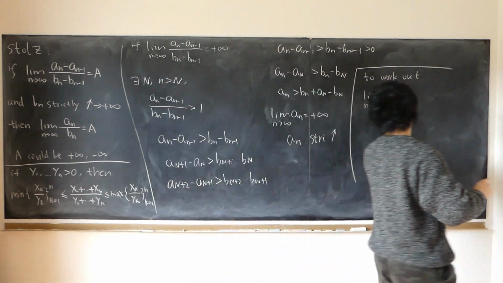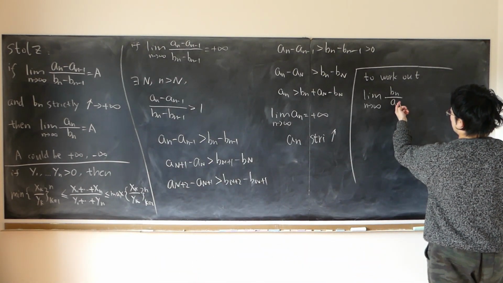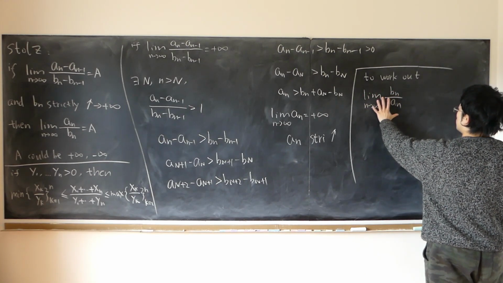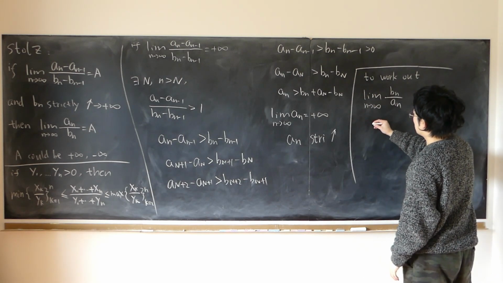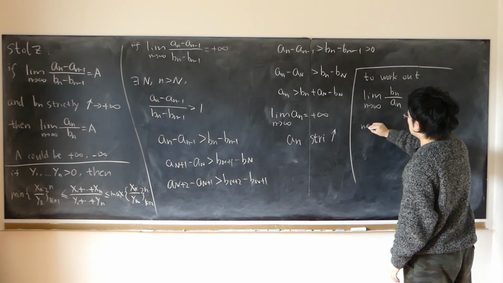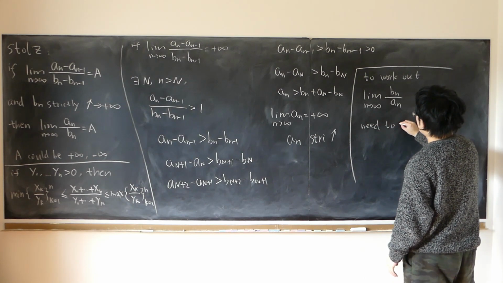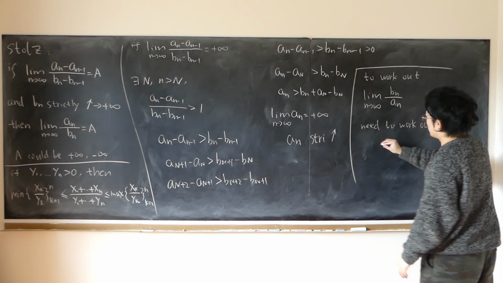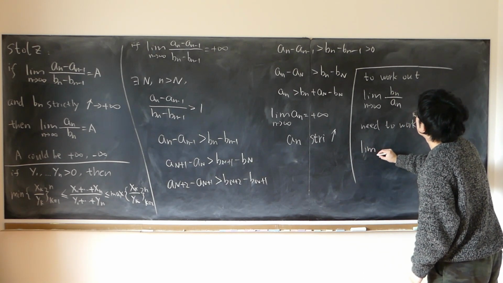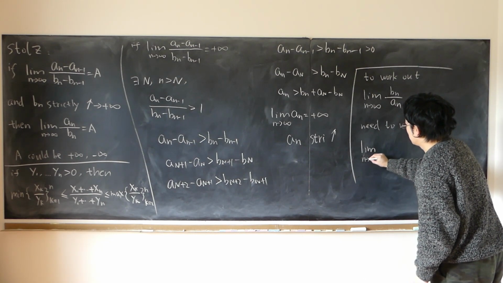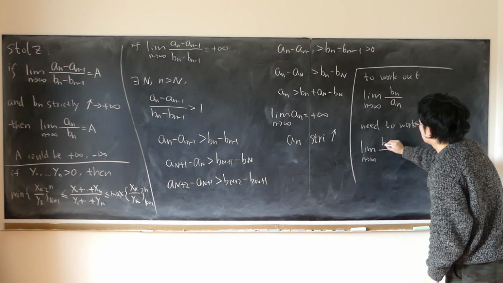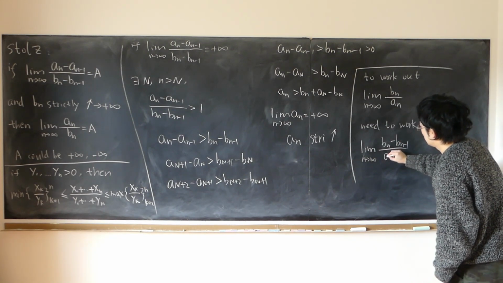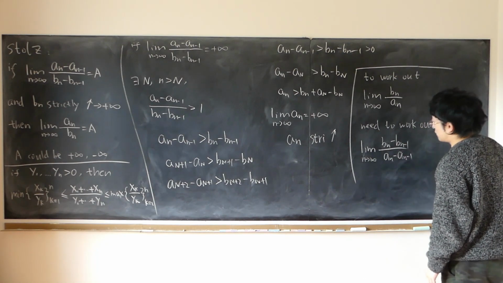Now we have that the denominator approaches positive infinity, monotonically strictly increasing. Therefore, if we want to work out this limit, all we have to do is just work out the limit of the difference between each consecutive terms. Just need to work out this limit.